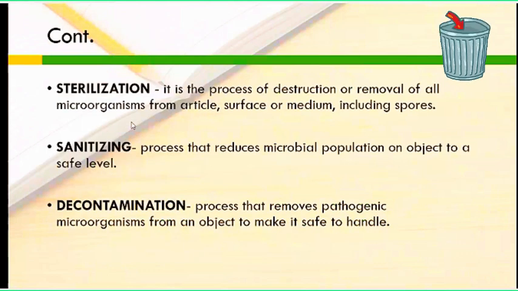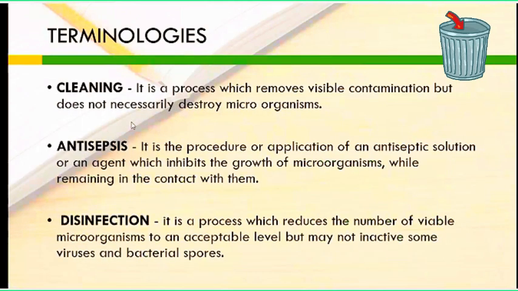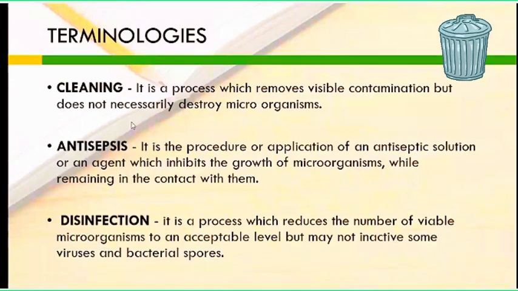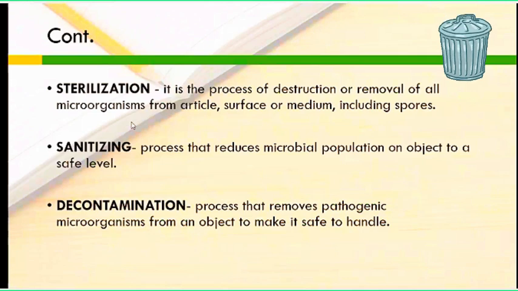Then there is sterilization, which is the process of destruction or removal of all microorganisms from surfaces, which includes spores. So the main difference between disinfection and sterilization is that disinfection does not have effects on spores, while sterilization destroys spores.